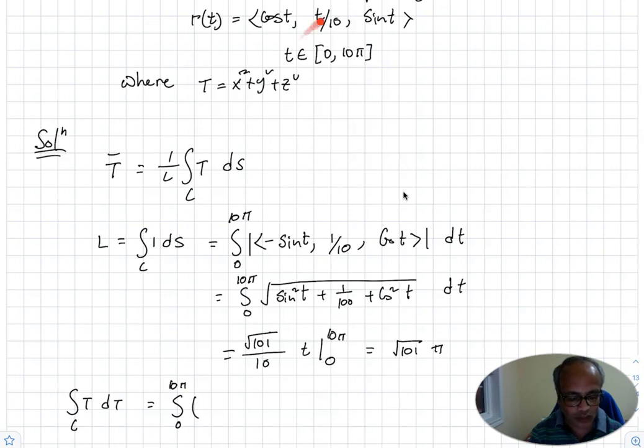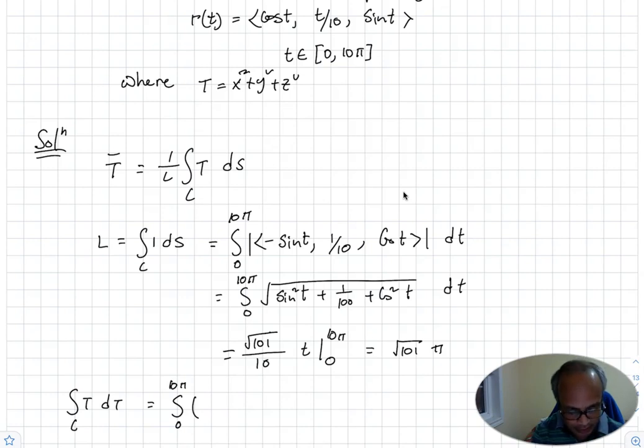This cannot be missed. So this is why we don't want to memorize the formula. So what is x? It is the first component of r, because r is my parameterization. We are converting x, y, z to r of t. So the first component of r is my x, the second component of r is my y, the third component of r is my z.